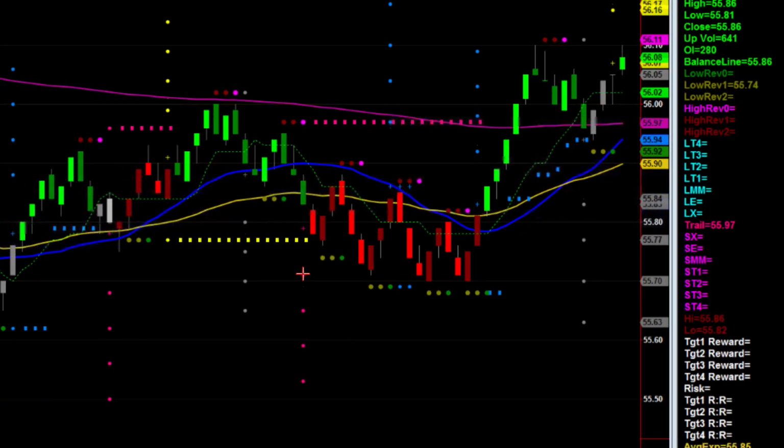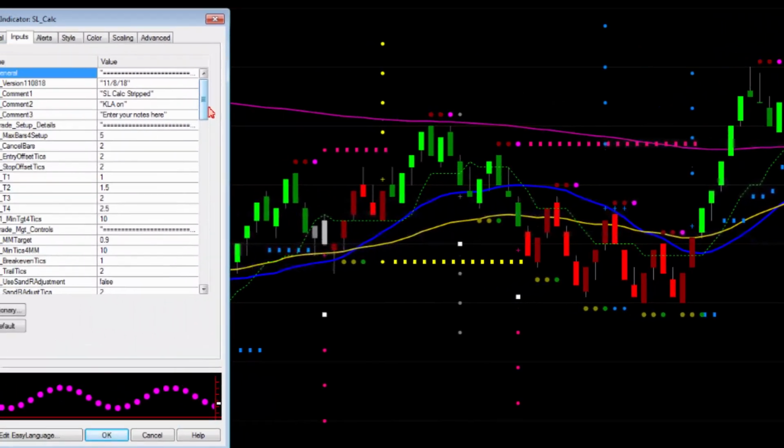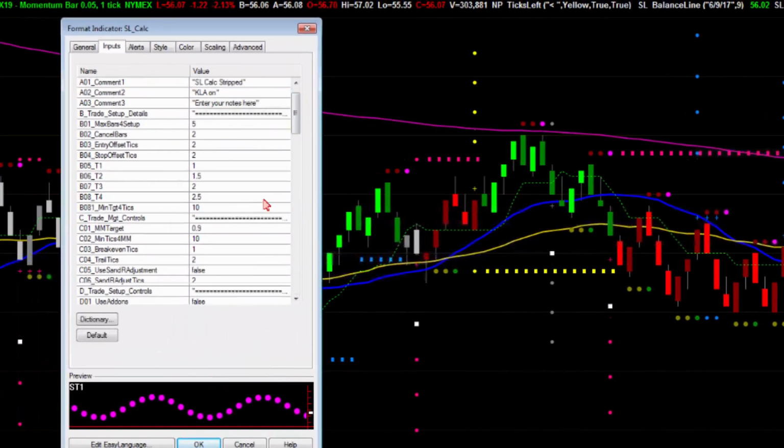When you're doing crude oil, if you want to do it the way we're doing it, you need to give that trade a little room to breathe, even though in this case it didn't quite work. But typically you want to set C02 to 10 ticks. If you have the default calculator, it's probably set to 8 ticks. So you want to set it to 10.